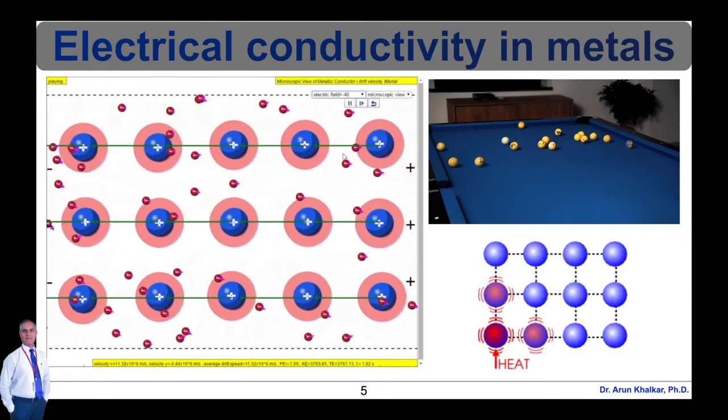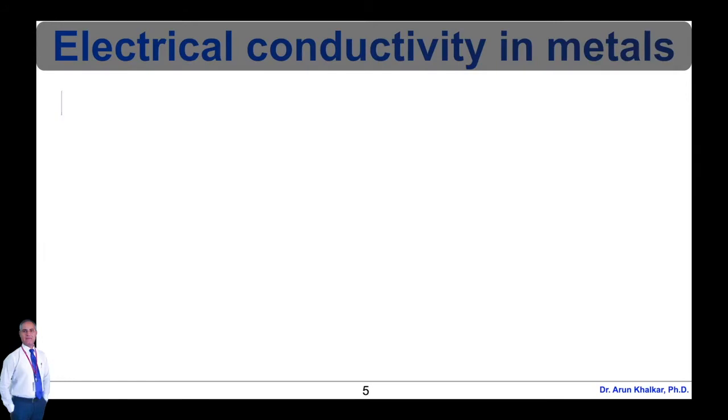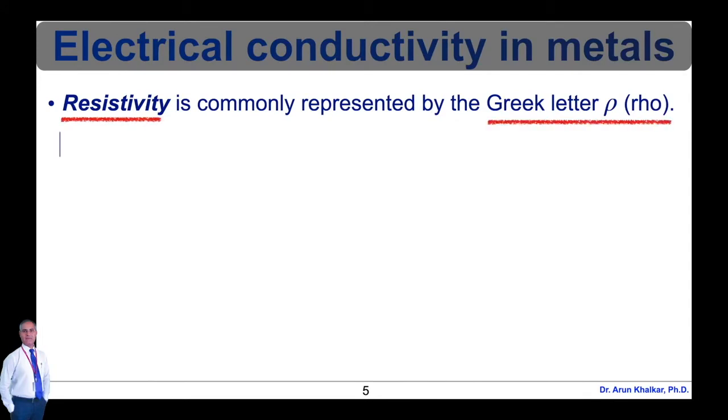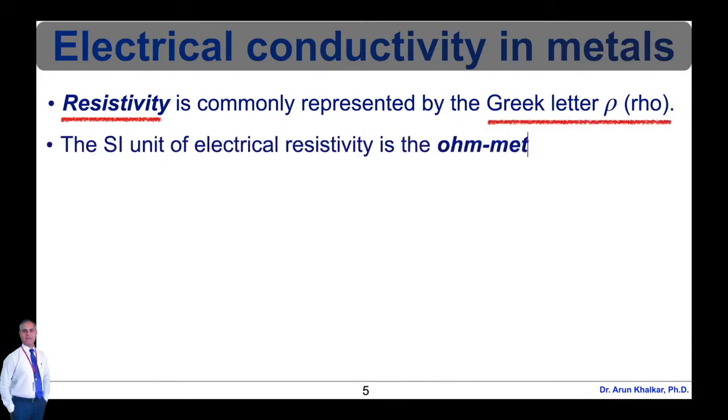Resistivity is commonly represented by the Greek letter rho. The SI unit of electrical resistivity is the ohm meter. For example, if a 1 meter by 1 meter by 1 meter solid cube of material has sheet contacts on both opposite faces and the resistance between these contacts is 1 ohm, then the resistivity of the material is 1 ohm meter.